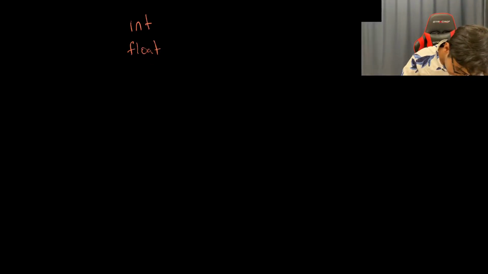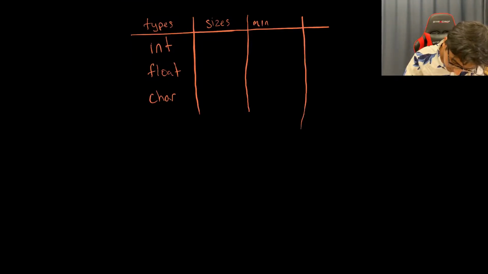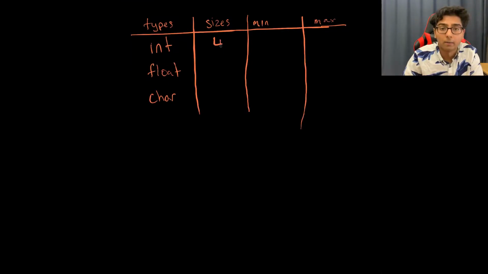So we have a couple of new types that we're going to introduce as well. So let's go ahead and review really fast. We know we have the following types available to us. We have an integer, we have a float, we have a character. We also know a couple of things about their sizes. And in some cases, we have a minimum and a maximum value. So an integer is 4 bytes. A float is going to be 4 bytes.